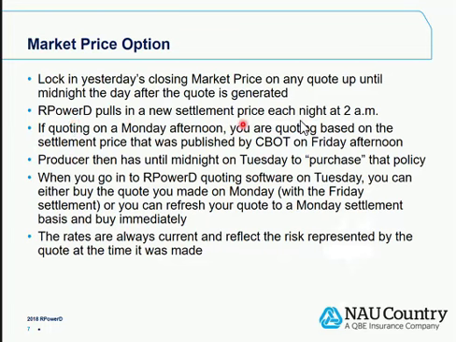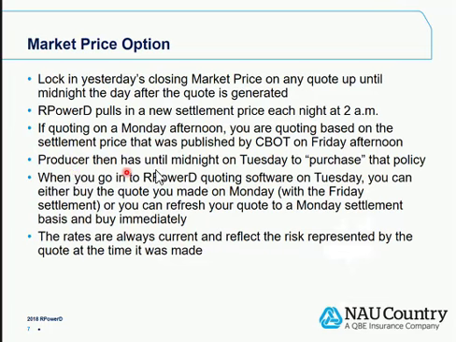Then you'll see that we pull in a new settlement price each night at 2 a.m. You'll also note if you're quoting on a Monday afternoon, you're quoting based on the settlement price that was established on Friday afternoon. So because the weekend's involved, there's a little bit different twist.